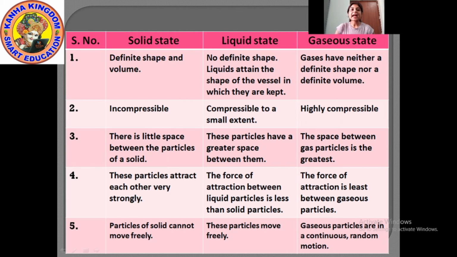Then number 4. Solid particles attract each other very strongly, like iron and magnet. Then liquid, the force of attraction between liquid particles is less than that of solid particles.